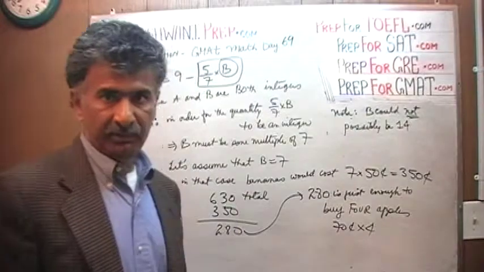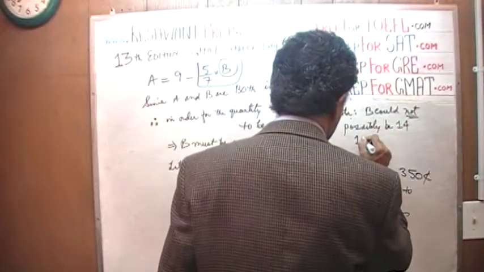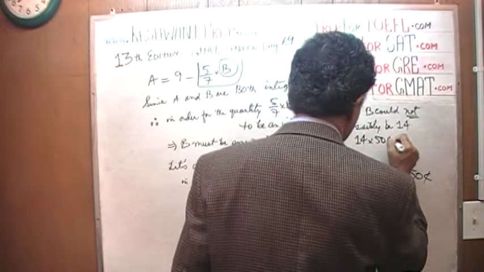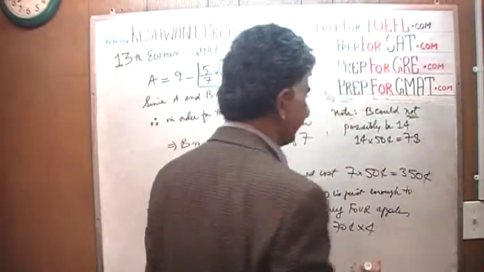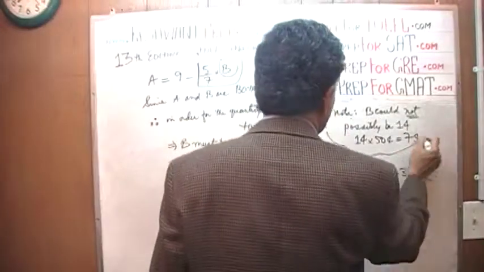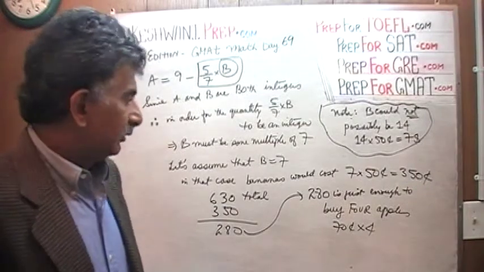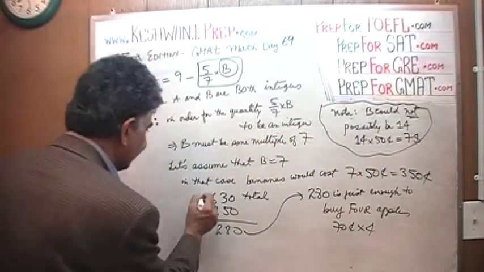It could not possibly be 14 because we are told that bananas cost 50 cents. 14 times 50 cents would have been $7. We only have $6.30 to begin with. The total amount that we have is $6.30.